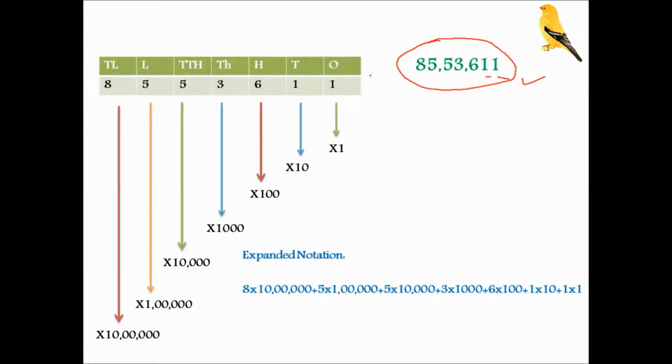Since it is 611, 6 will be in the hundreds place, 3 in the thousands place, 5 in the 10,000s place, again 5 in the lakhs place, and 8 in the 10 lakhs place. That is something we have seen in the previous slide.